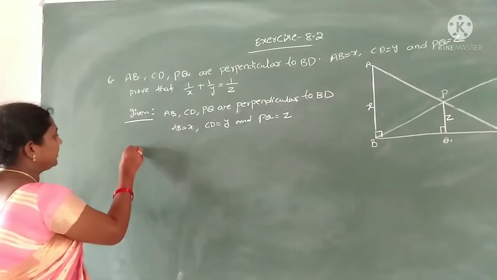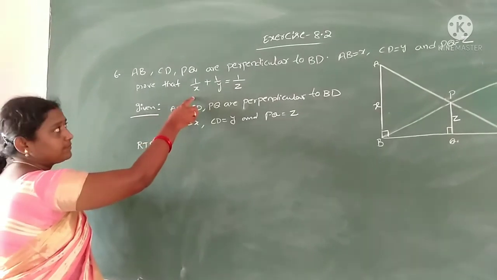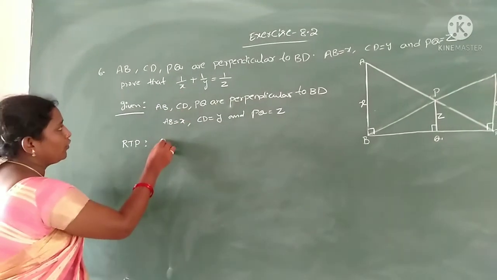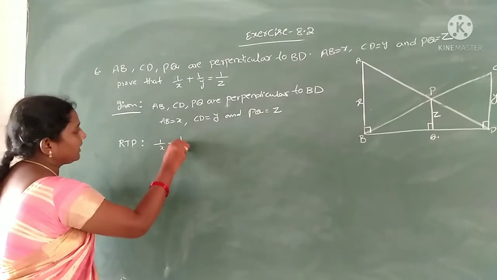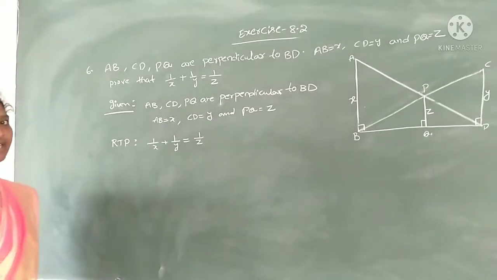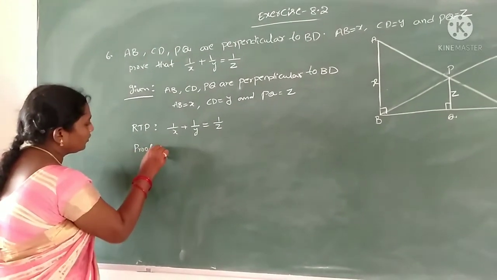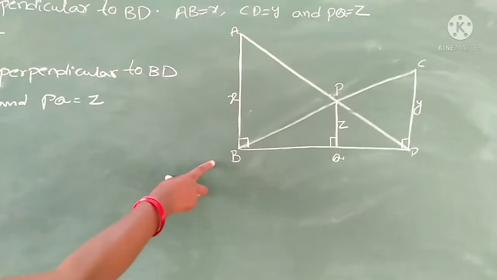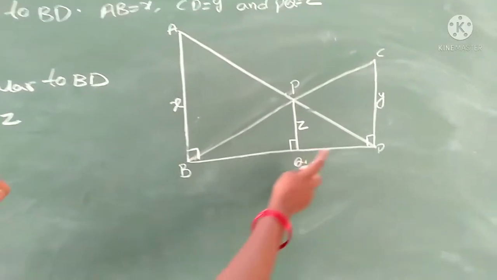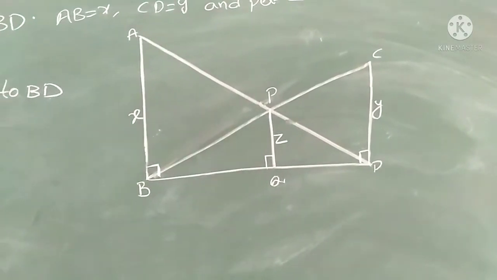Next, RTP: prove that 1 by x plus 1 by y equals 1 by z. Now write the proof. First we take triangle ABD and triangle PQD.